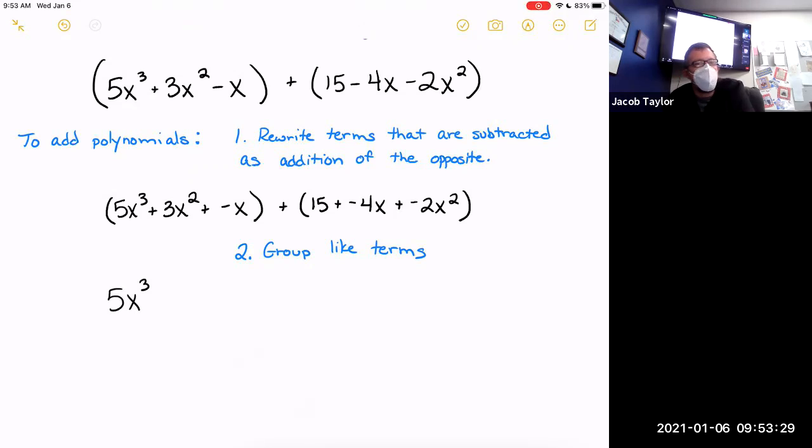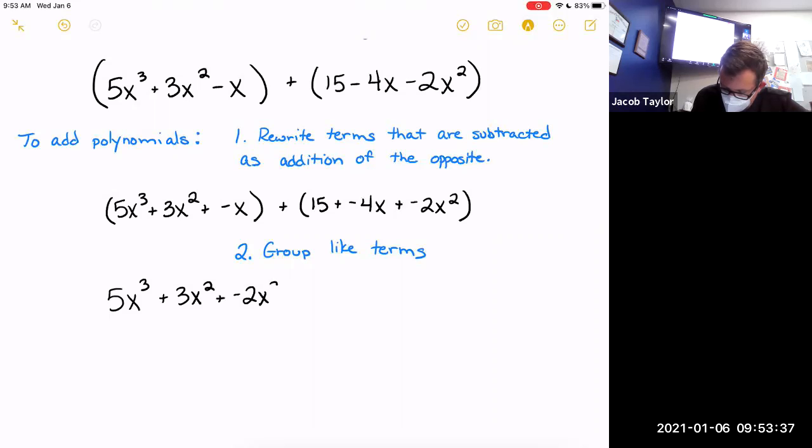So we're going to write all of the squareds next. So it'll be plus 3x squared plus negative 2x squared. The next highest exponent we have is 1. They're just plain old x's. So plus negative x plus negative 4x. And then we have one just plain old number, which is 15. We'll put that guy on.